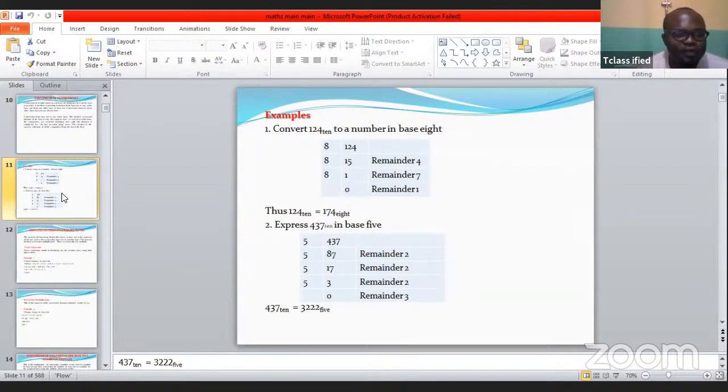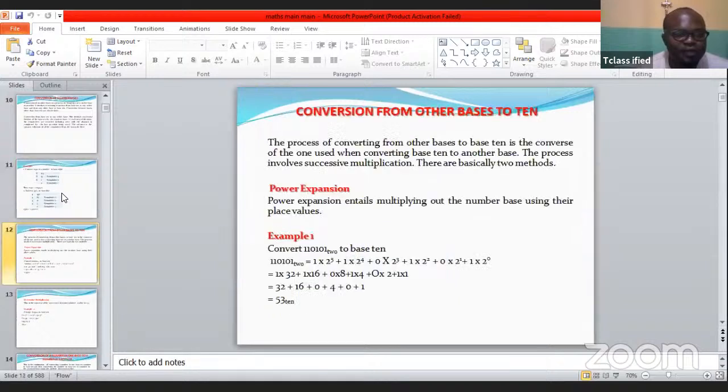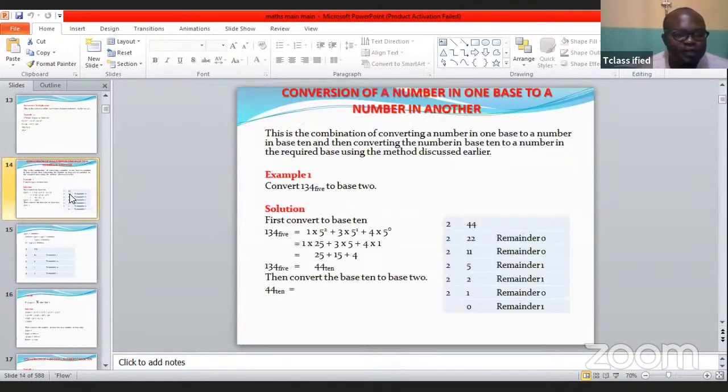We've done this already. But to convert from another base to base 10, we have to do our multiplication, putting the right place values. And we also did conversion of a number in one base to a number in another base.